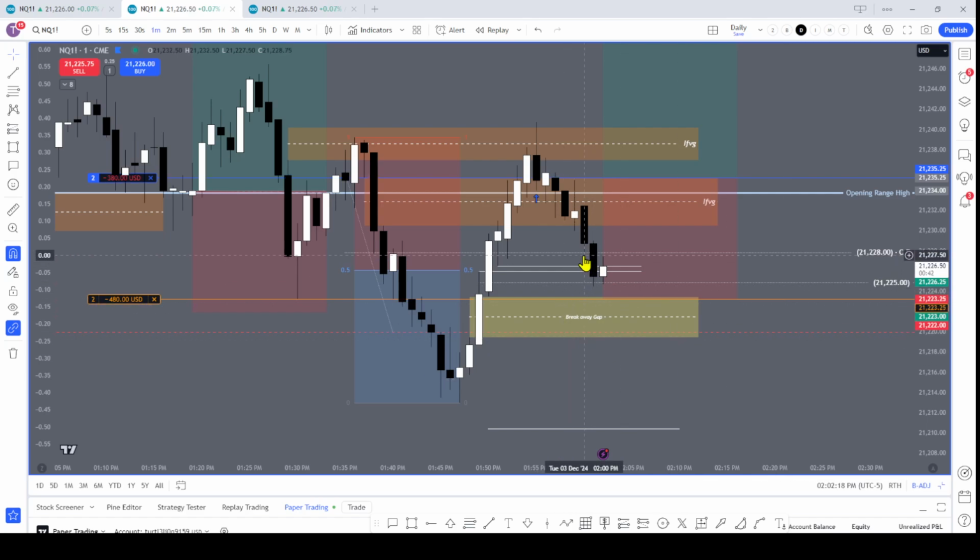Coming back up, touching this wick. Got a small SIBI here.